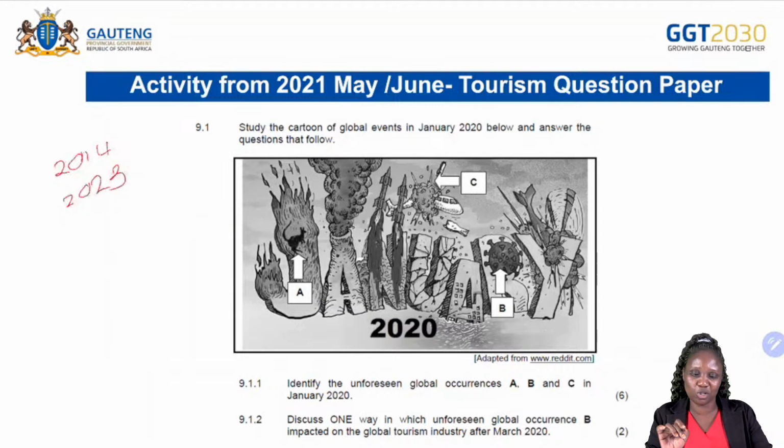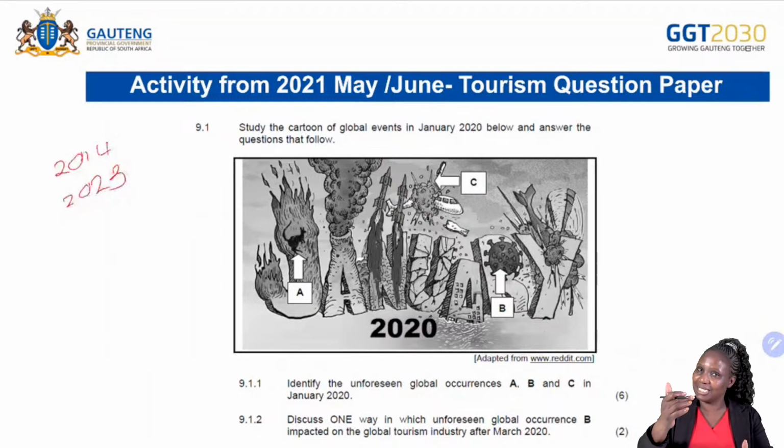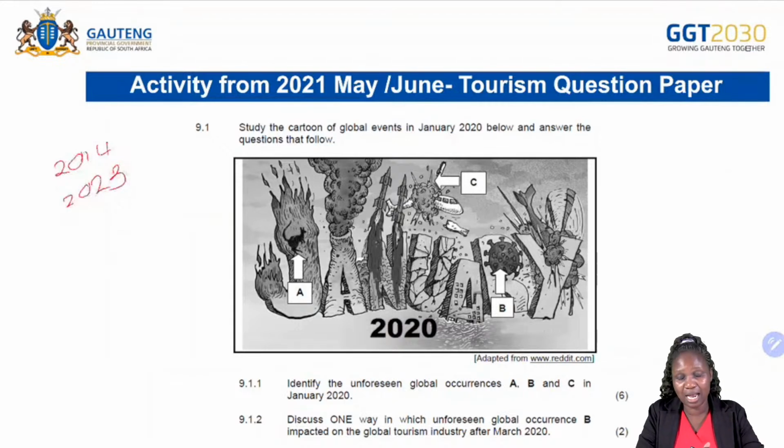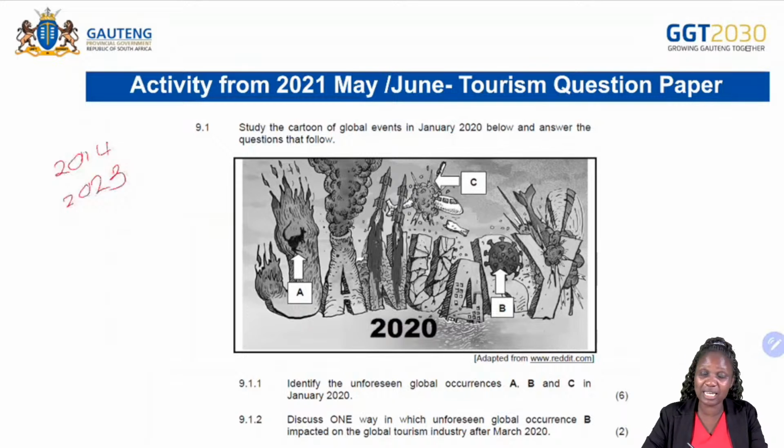Every time we do a topic, take the question paper, any question paper, attempt the questions on that topic, and then also mark for yourself, because there will be a memo as well. Then when doing this, you will be practicing for exams. The way you are going to answer these questions is going to help you to remember until when you write. It will make it very easy.